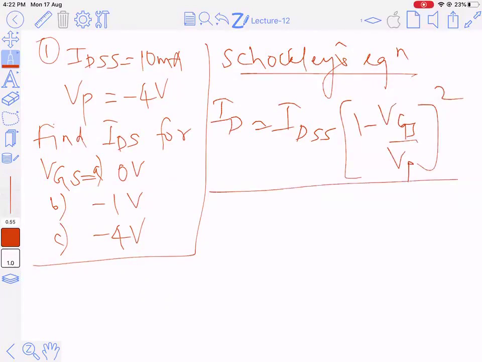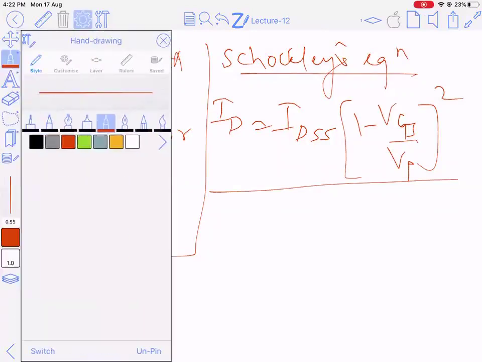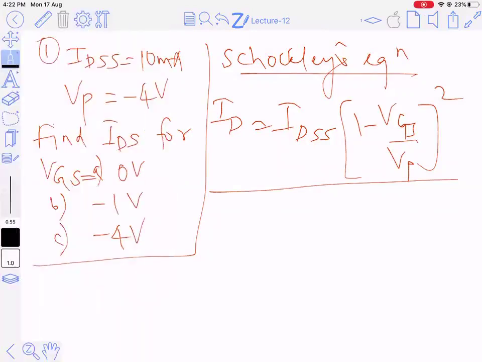What do we know over here? We know IDSS, we know VP, and we have to put different values of VGS to get the current. I think you should be able to tell me the first one without even substituting.